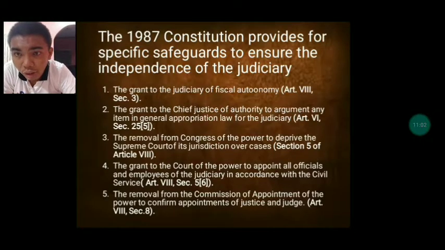The grant to the court of the power of appointment of all officials and employees of the judiciary according to civil service law, Article 8, Section 5, paragraph 6. The removal of the Commission on Appointments' confirmation of the appointment of justices and judges.